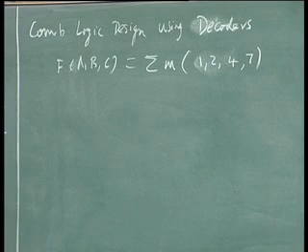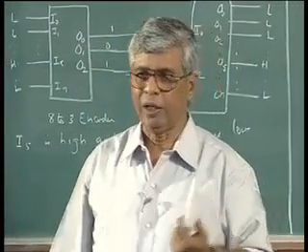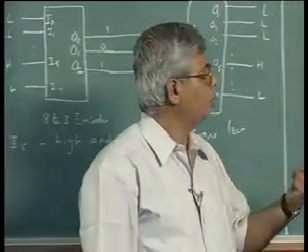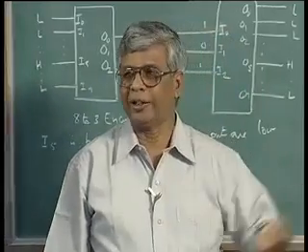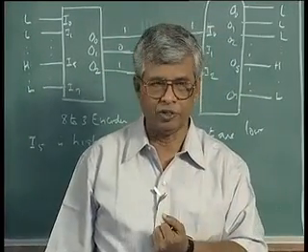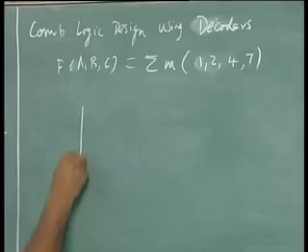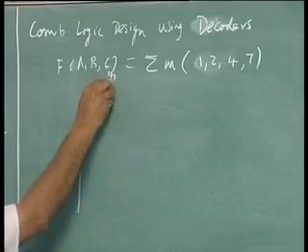Is that right or not? We have seen full adder so many times, 1 bit full adder. Minterms which are high for the full adder sum are minterms 1, 2, 4, 7. So we will realize a full adder using a decoder. That is what we did with multiplexer to start with. We will do the same thing with decoder. So all I have to do is to get my 3 inputs. This is C in.